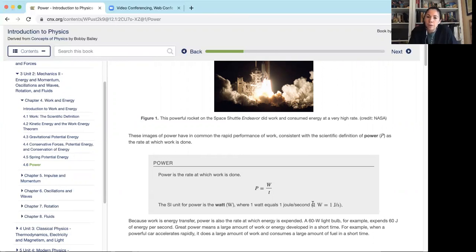This is all things that are important in your everyday life for a number of reasons, but if you're even just reading your energy statement or your electricity bill, you'll see various units that we will introduce. We'll look at the difference between energy, power, that kind of thing.